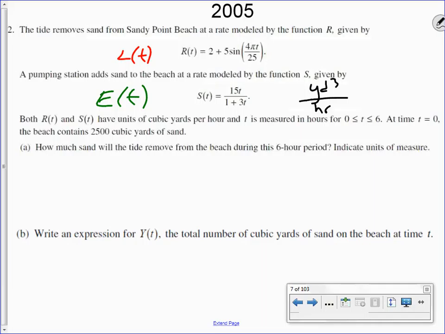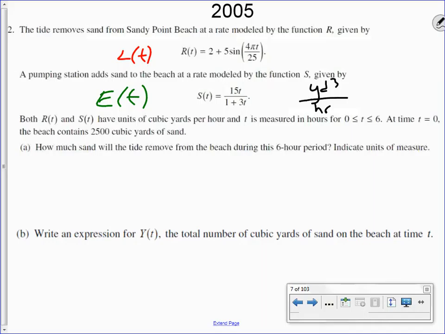And T is measured in hours for time 0 through 6. At time 0, the beach contains 2,500 cubic yards of sand. That's your initial value. You need that to work off of.